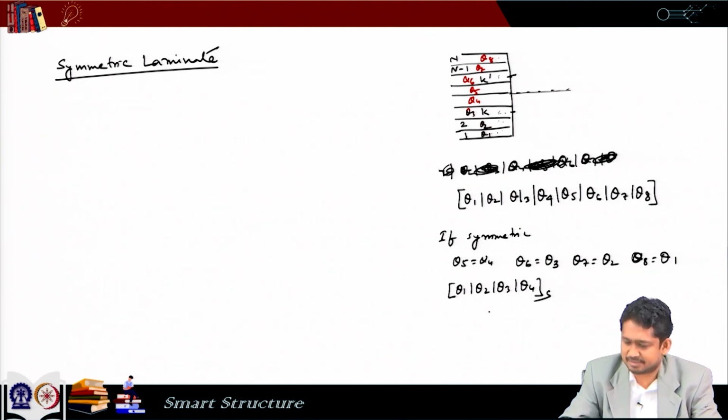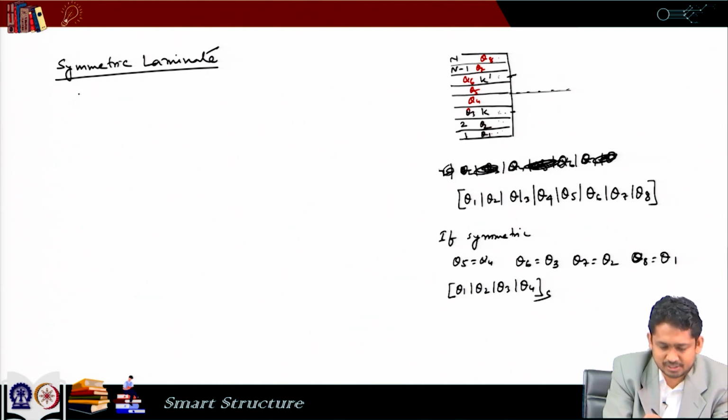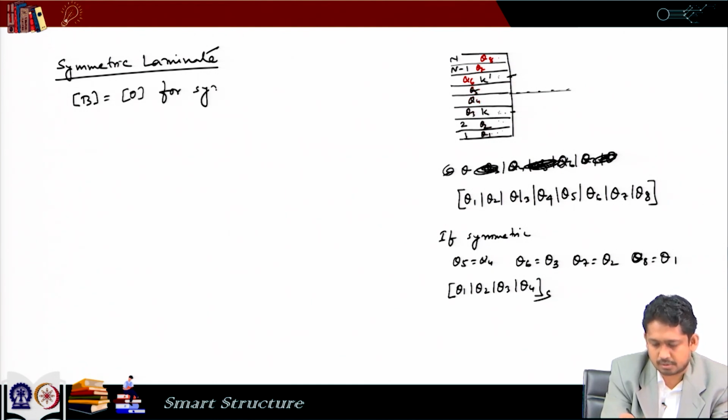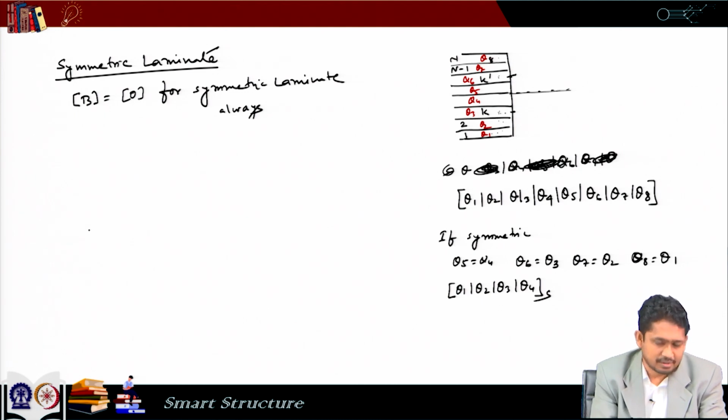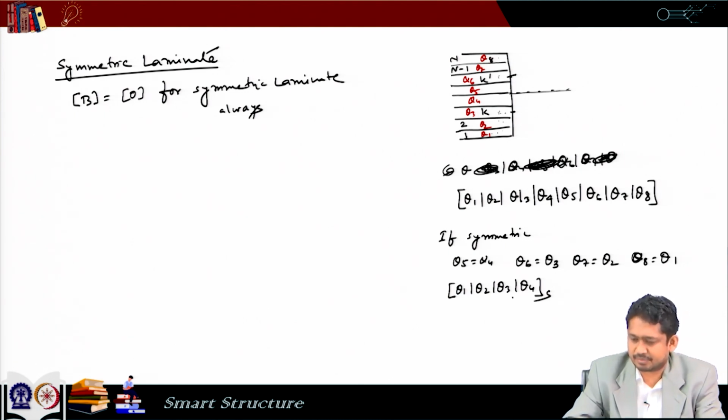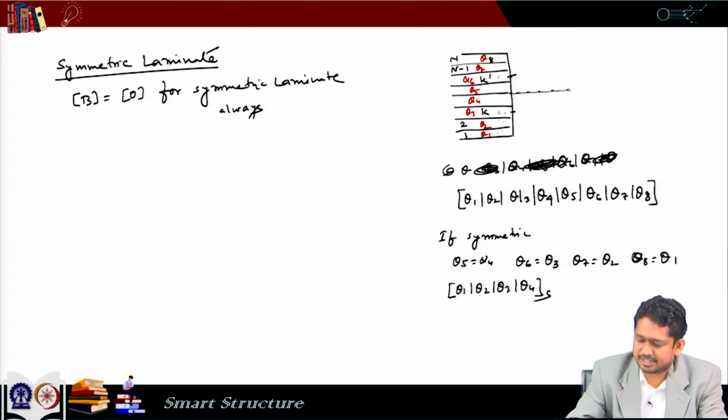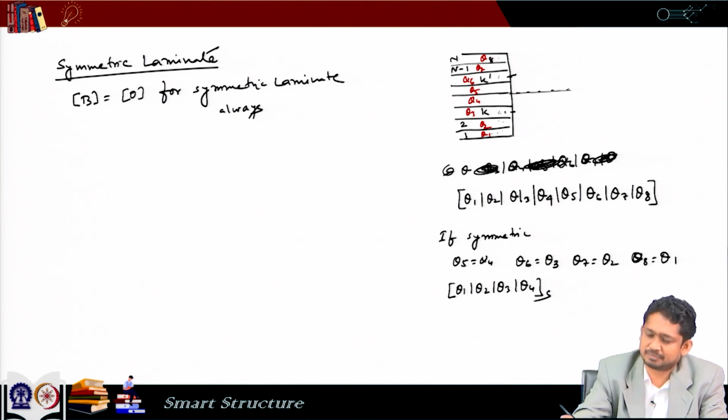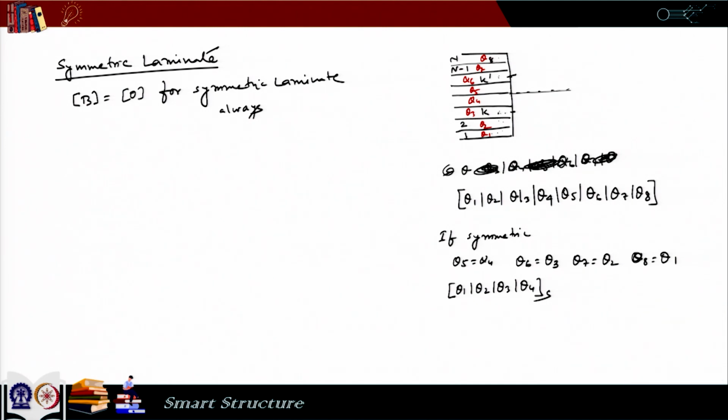So, for a symmetric laminate it can be shown that the B matrix is always 0. It can be proved easily also. We know that the property of the Q at kth ply and Q at k prime ply are same.